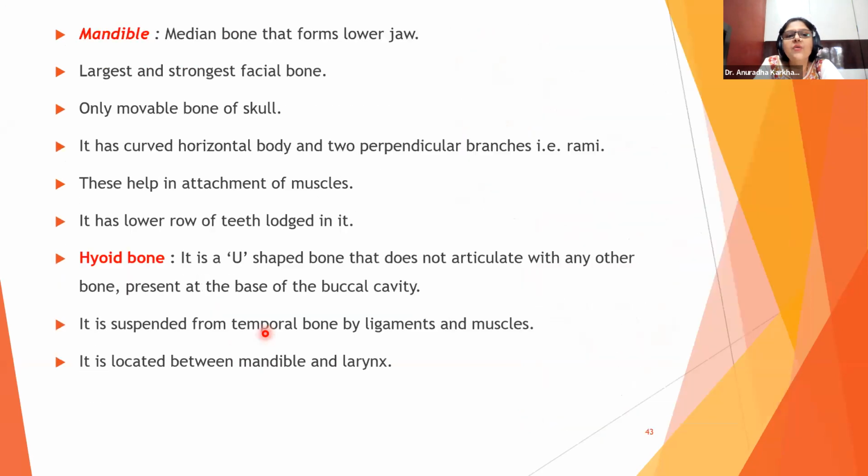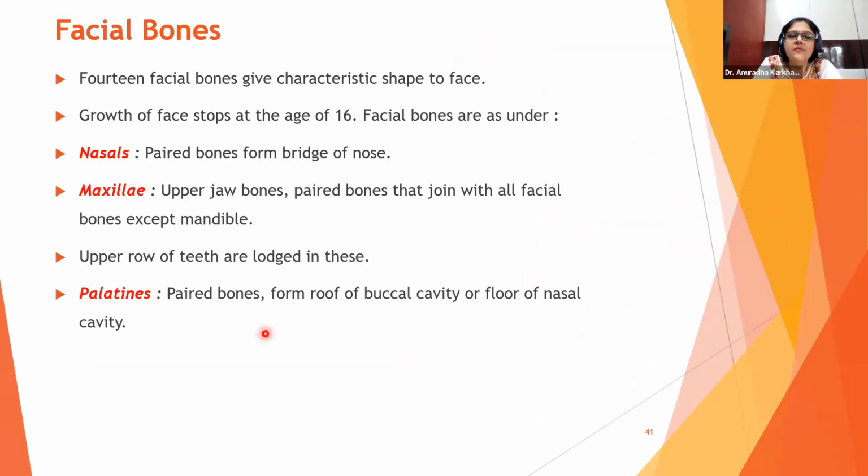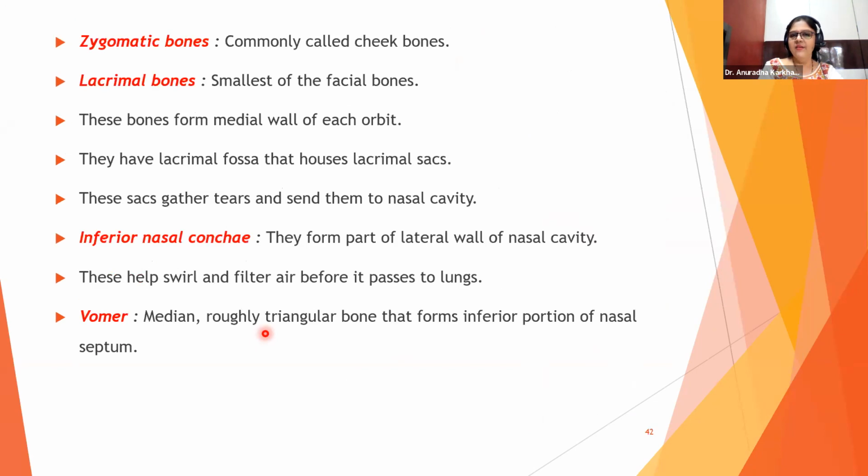Yeah, so just count. Come on, count this. We have given 14 facial bones here. Let's see if it comes to 14. Nasal. Start counting. Maxillary. Palatine. Zygomatic. Lacrimal.